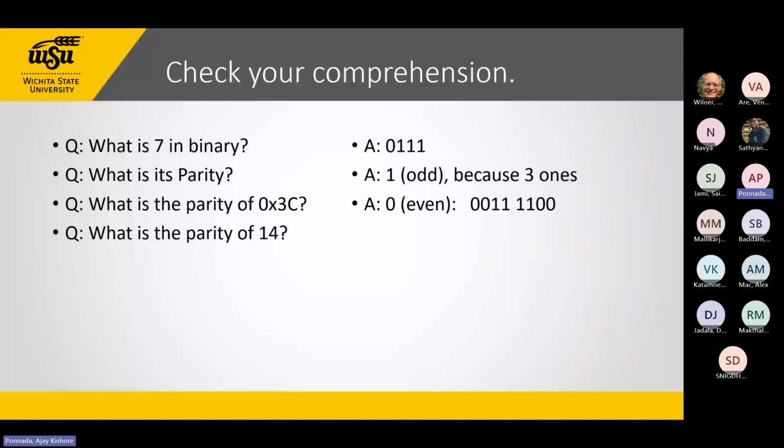Okay, so now, what's the parity of 14? 14 in binary representation is 1110. Count the number of ones, and if the number of ones is even, it's even parity. If the number of ones is odd, it's odd parity.